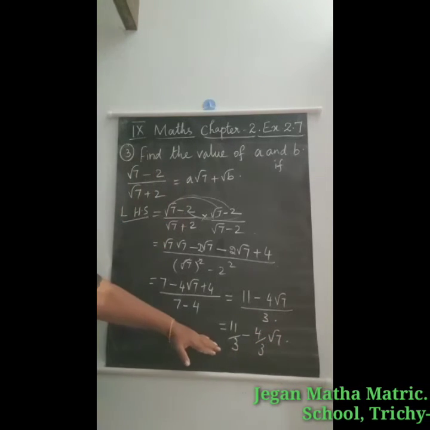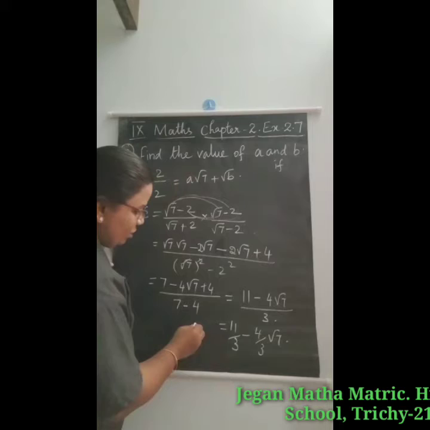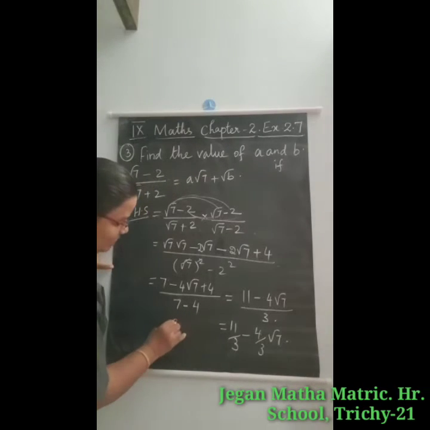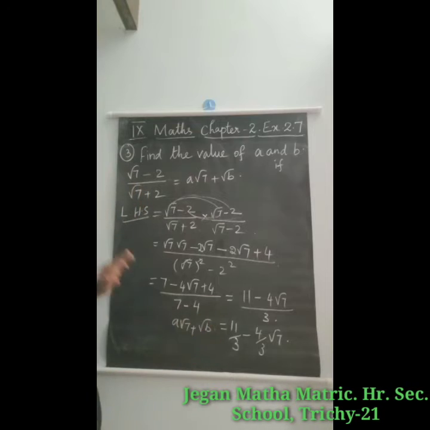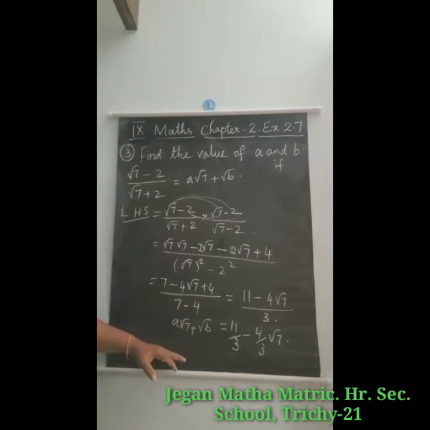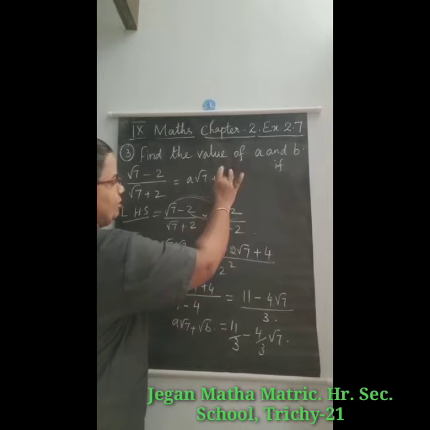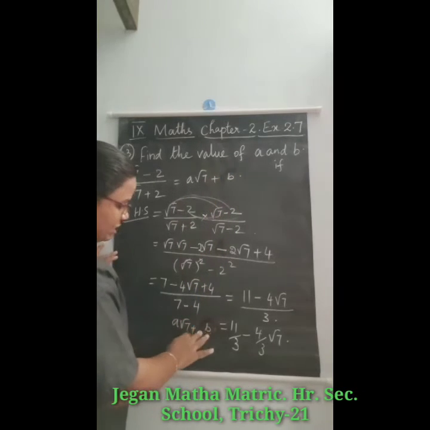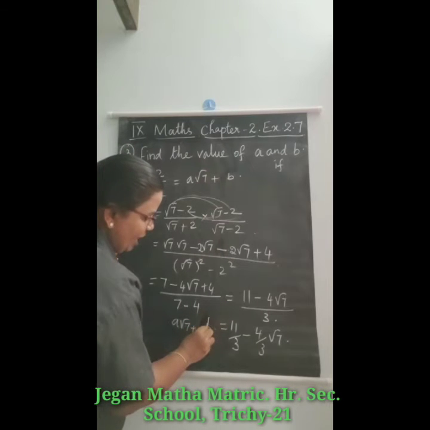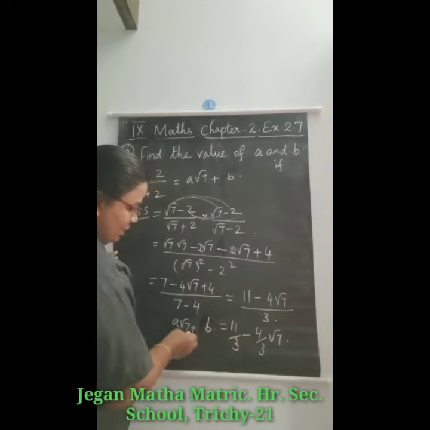Now you have to compare this with the right hand side, that is a root 7 plus root b. Now we take not root b, only b: a root 7 plus b. We have to compare this LHS and RHS.